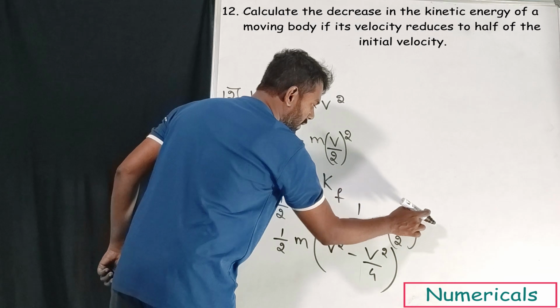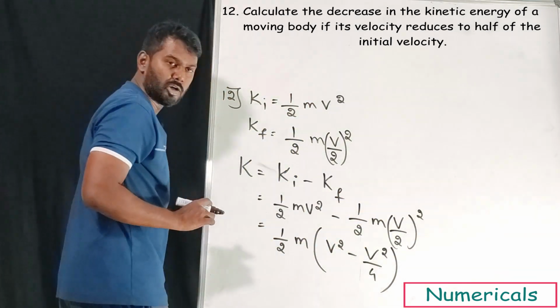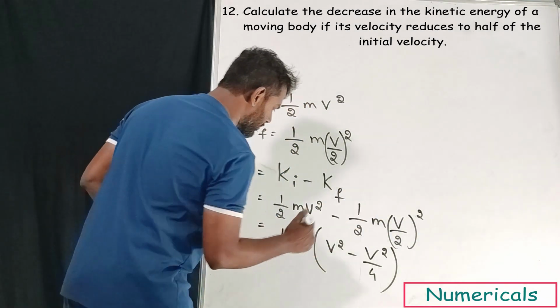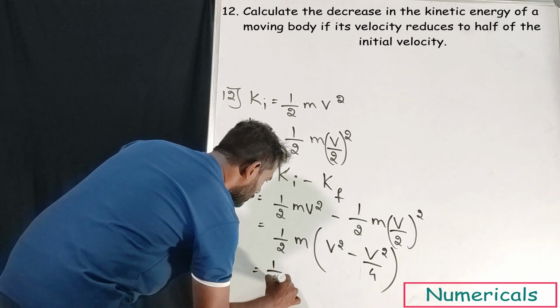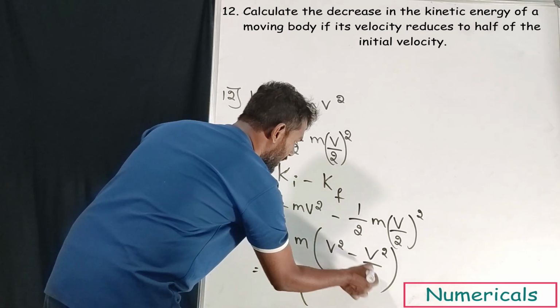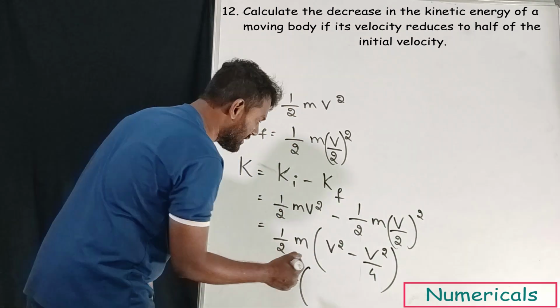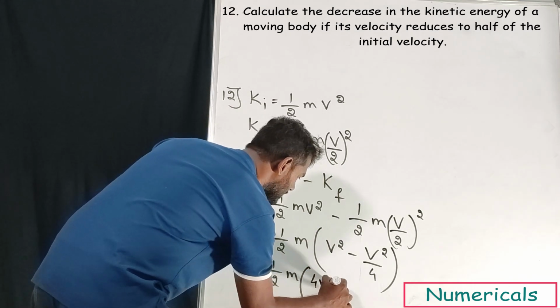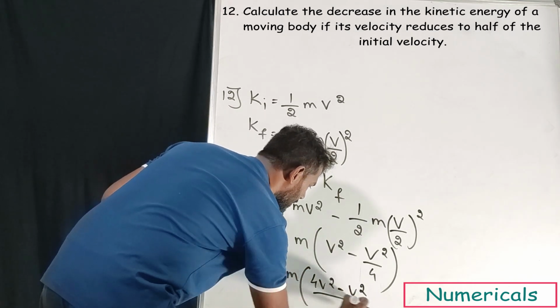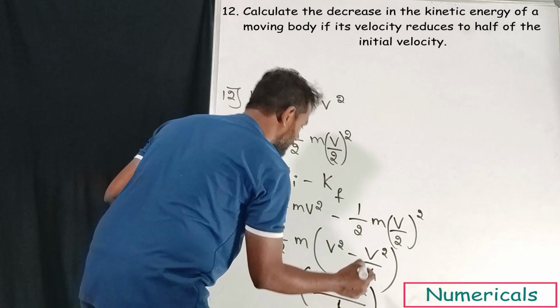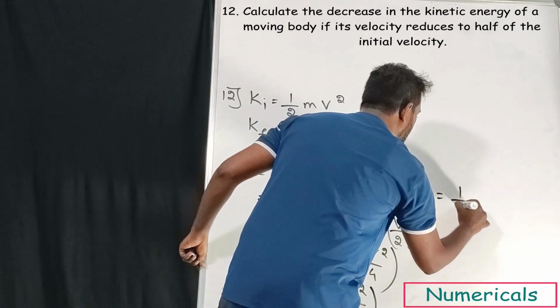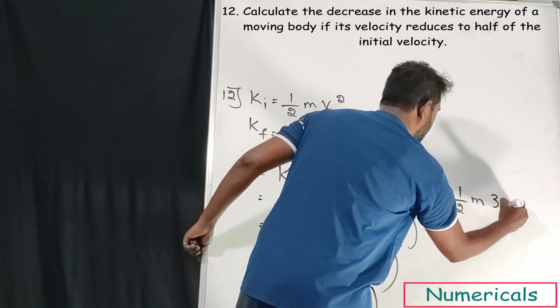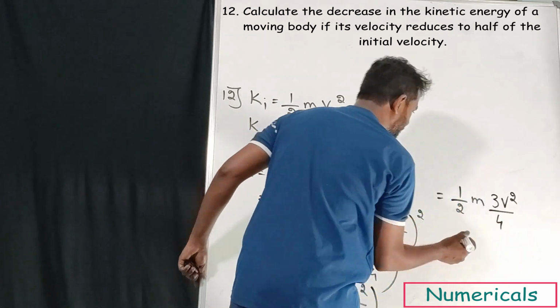You have to square both v and 2. That is why we got v square by 4. So half m, and once you take the LCM, this becomes (4v square minus v square) by 4. This is nothing but half m into 3v square by 4, correct?